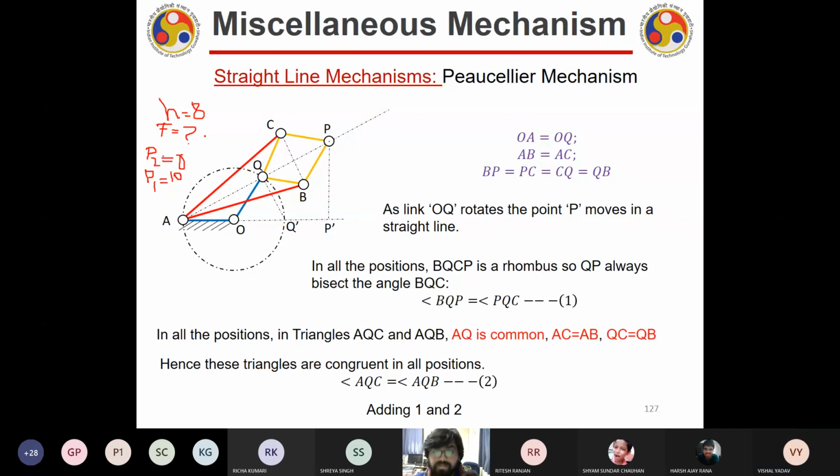Okay, fine. Now you tell me, maybe Yash can tell me, how can I prove that if this crank OQ rotates, then this P is always moving in a straight line? What is that thing? If I prove that, it will be proved that P is moving in a straight line.